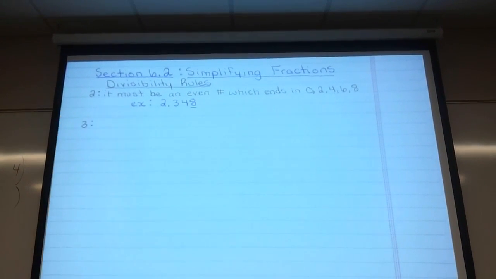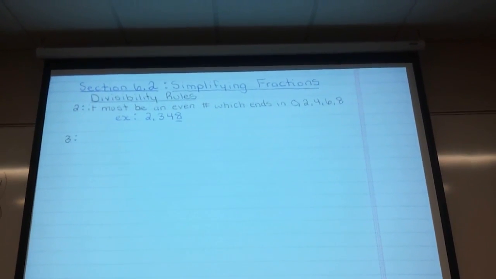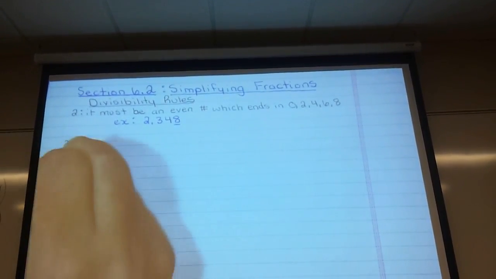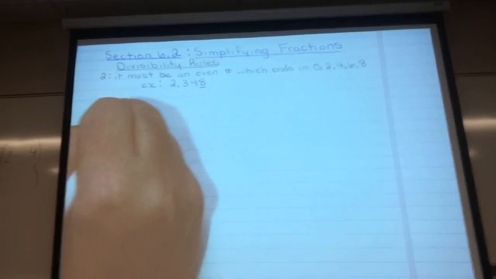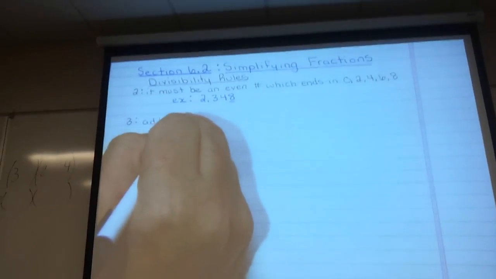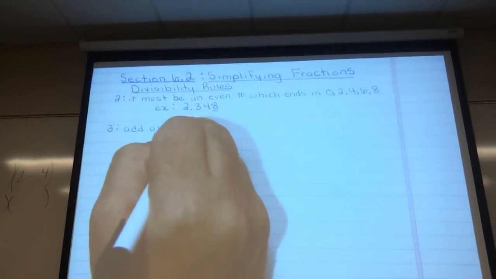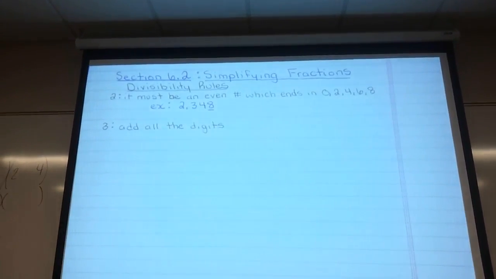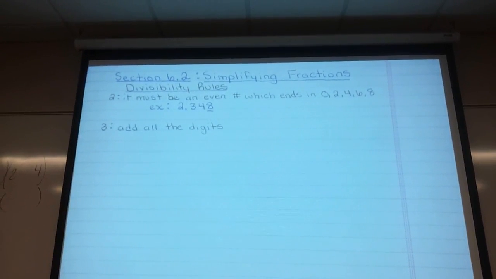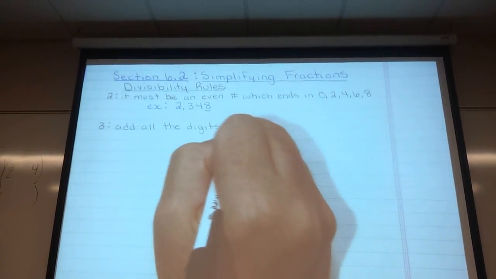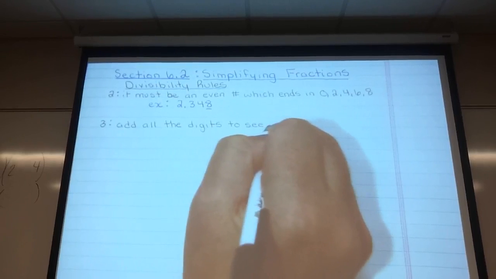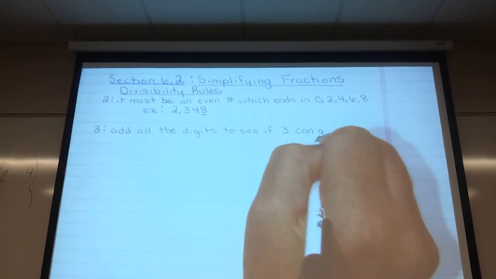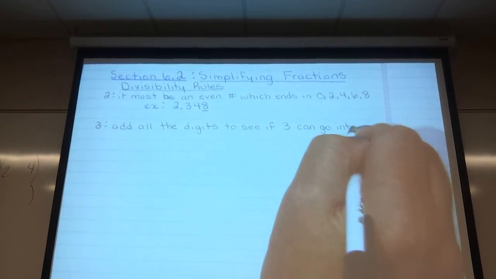Anyone know the trick for 3? That's my favorite. I use it all the time. And it's a cool rule. It's add all the digits. Add all the digits to see if 3 can go into the number.